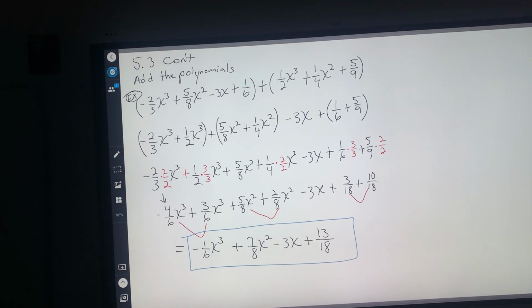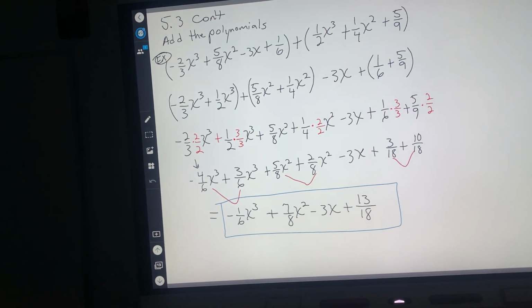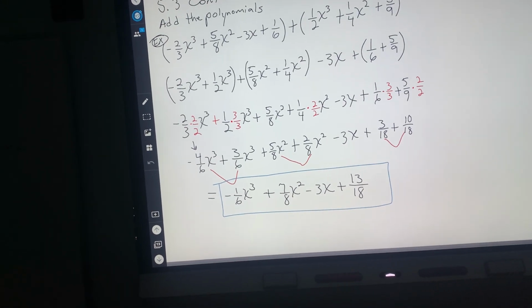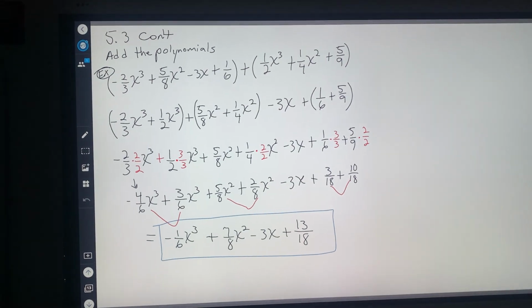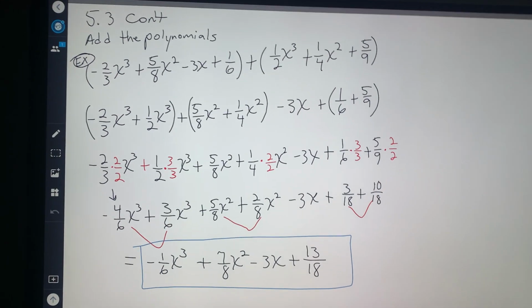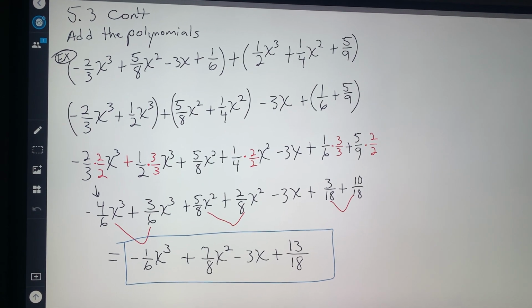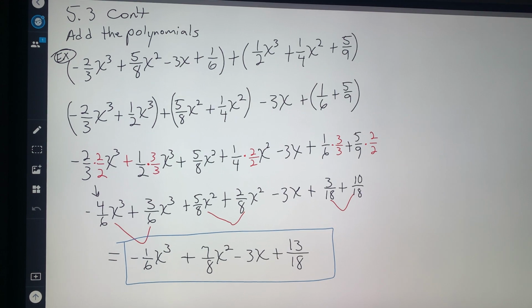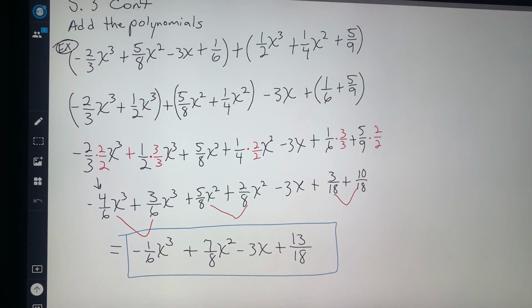Once we put the like terms together, we can find the common denominator, as you can see here, and use the rules of combining like terms after we've had the common denominators for each one of the terms.